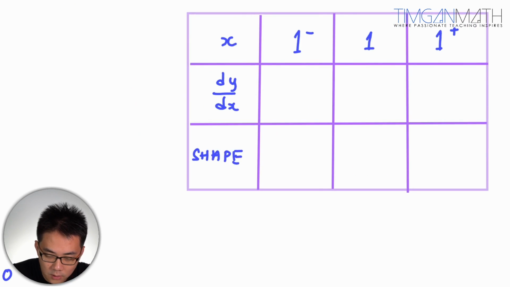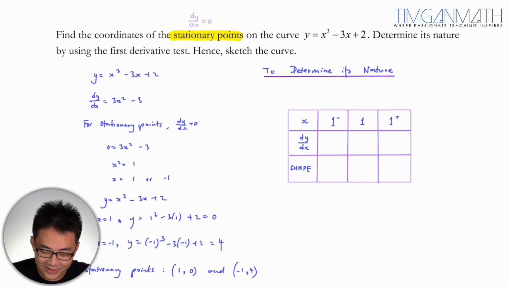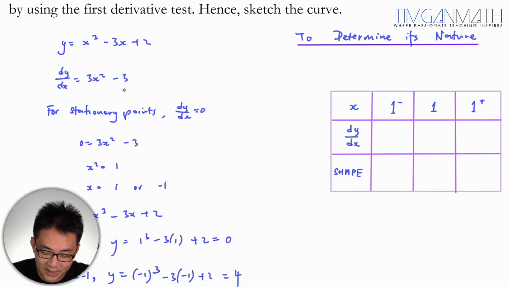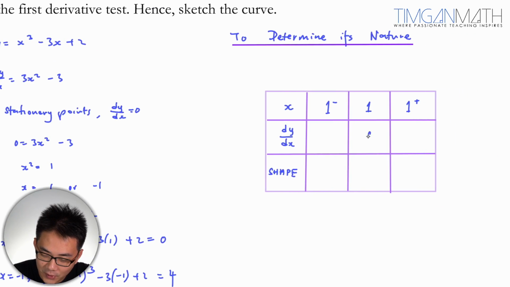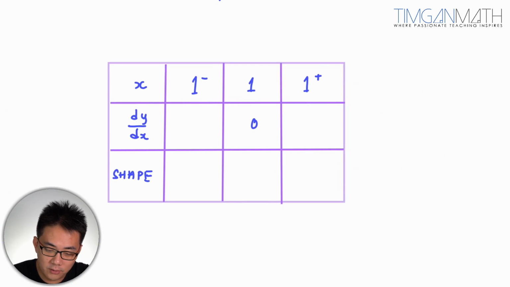Okay, so when x is 1, dy/dx is actually 0. So we just key in dy/dx's value here. We know that there will be 0 because that's how we solved it. After which we need to show when x is greater than 1. Very simply, we could just put 1.01.